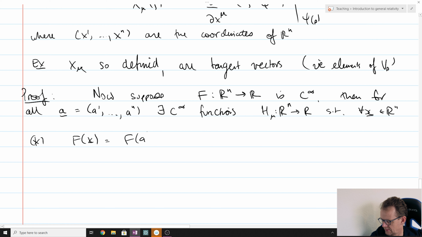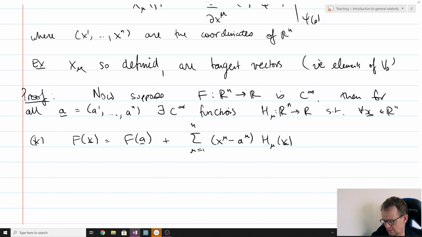And here's the expansion in question. So it's possible you have a smooth function on Rn, right? Now, when you evaluate the smooth function at a point other than some given point A, then it probably takes some other value. But if you were to use Taylor's theorem, you might say that for x nearby to A, f is a linear combination of the coordinate differences. Okay, that would be Taylor's theorem to first order plus some higher order corrections.